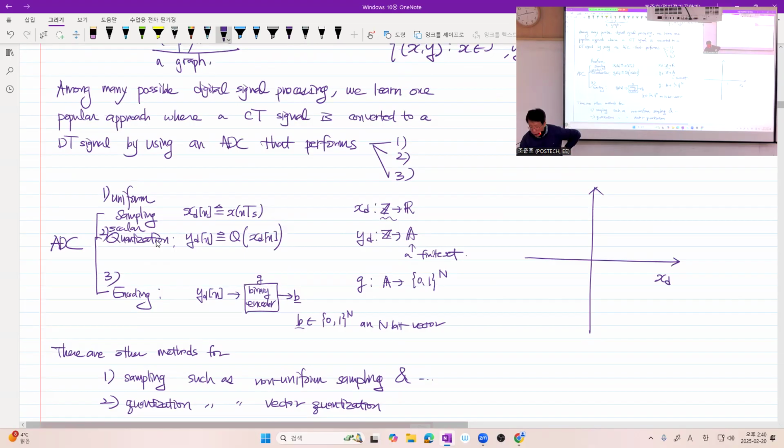And what you do is you have some step function, and sometimes it's flattened, okay? And suppose you have 16 levels from this to that. Then this becomes y sub d. Got it?